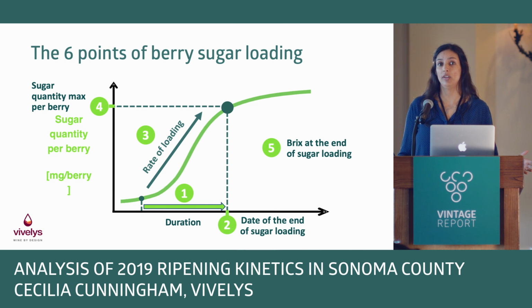Third, we measure the speed of the sugar synthesis that can give us valuable information about the balance of the plant, the balance of the vineyards that we're measuring. And finally, and not least important, we evaluate the maximum amount of sugar that is synthesized at this point, or the brix, for the same reason. The amount of sugar that we evaluate at this moment is going to be a parameter of quality.